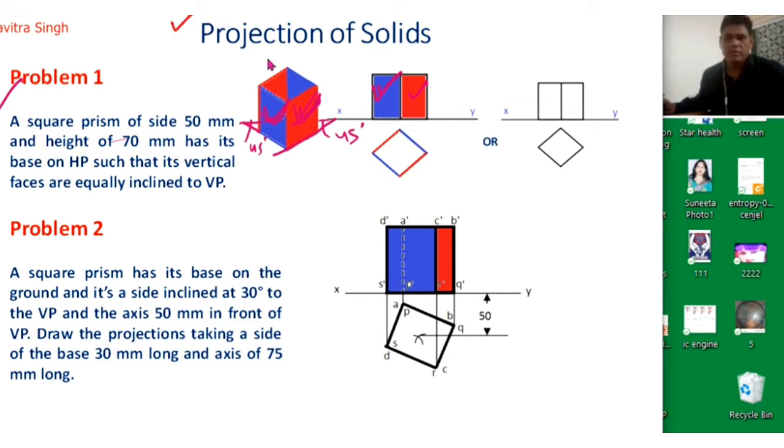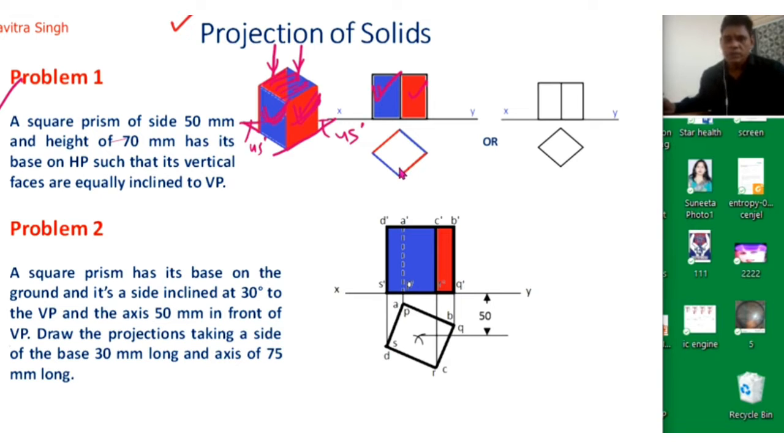When we see from the top, we can see this red surface, this blue surface, and this blue surface. So this will be the top view, and the top surface can be seen from the top.